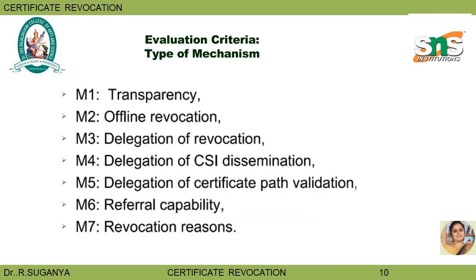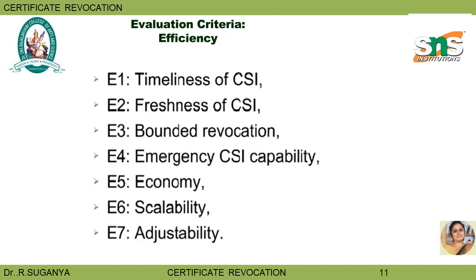Evaluation criteria, the types of mechanism: M1 transparency, M2 offline revocation, M3 delegation of revocation, M4 delegation of CSI dissemination, M5 delegation of certificate path validation, M6 referral capability, M7 revocation reasons.